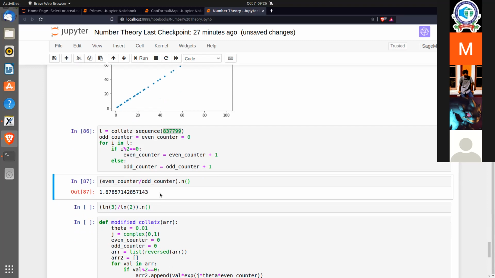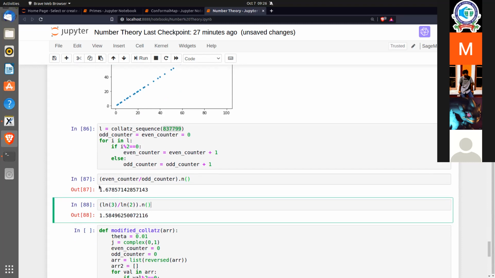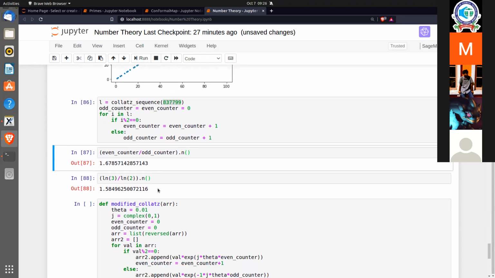Now this is another slightly unverified result, and this ratio exactly doesn't hold, but looks like a rough approximation. So no matter what value I take here, it will roughly be equal to ln 3 by ln 2. So if I just look at this number, what it says is that there are more even numbers in the sequence than there are odd numbers, right?